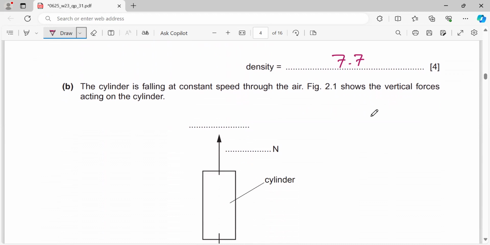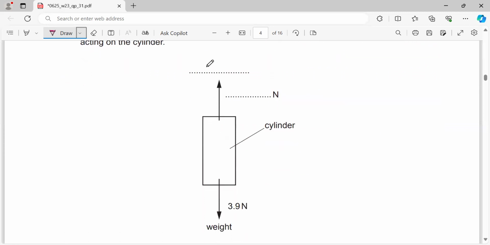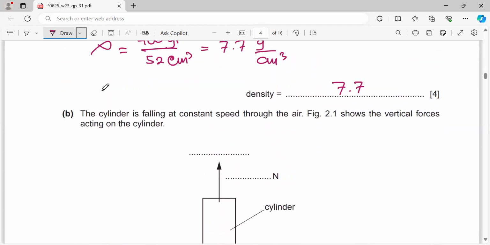The cylinder is falling at constant speed through the air. And look, this figure 2.1 shows the vertical forces acting on the cylinder. So we are going to fill in this point: the cylinder is falling at constant speed through the air, so it means it is the air resistance.